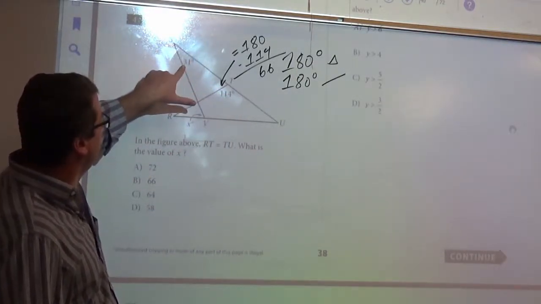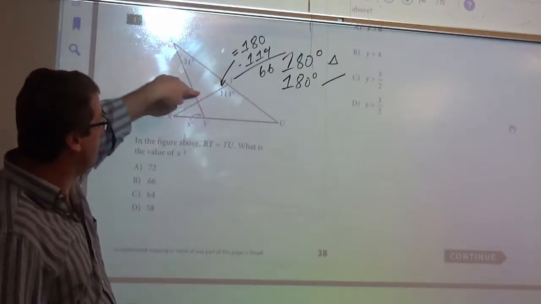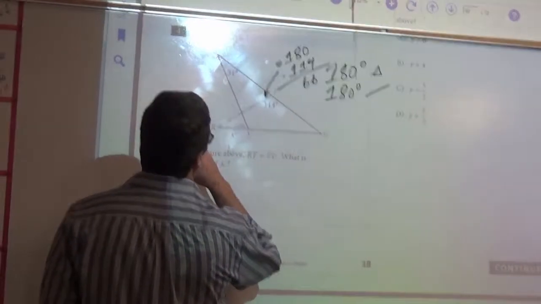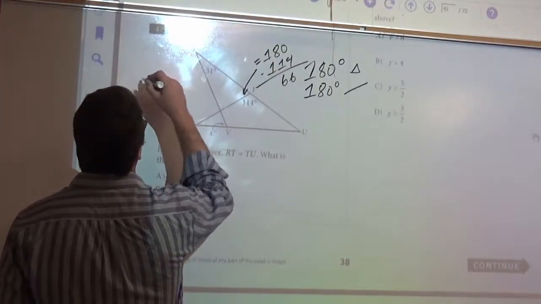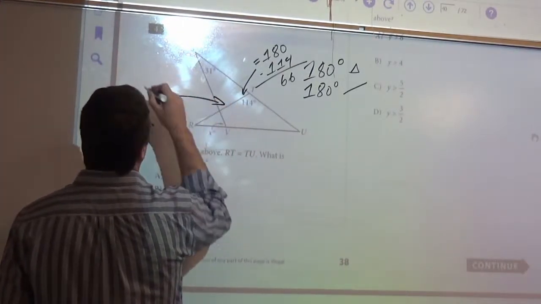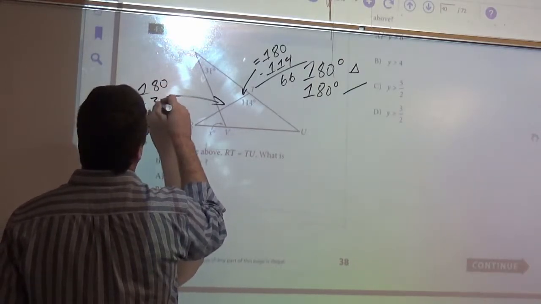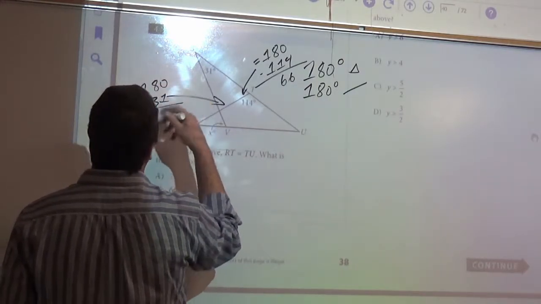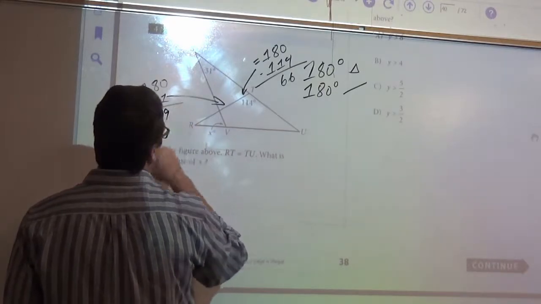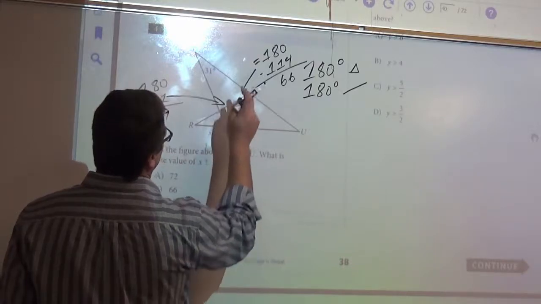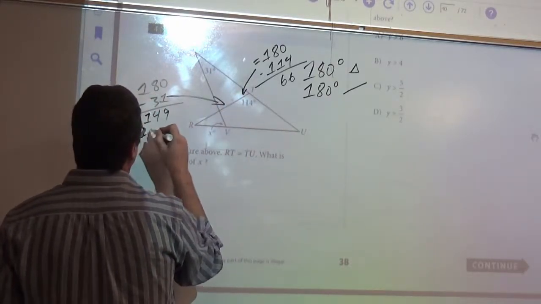So we know what this is, we know what this is, now we can know what this angle is. This angle will be 180 minus 31 minus the 66.